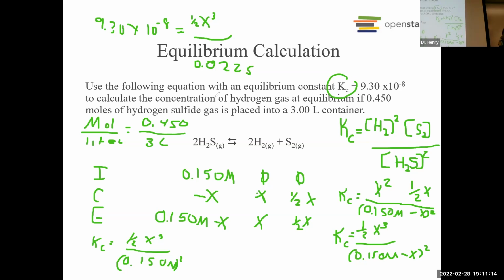Okay, so then we bring this over. So we get 1/2 x cubed is going to be equal to 2 times 2.